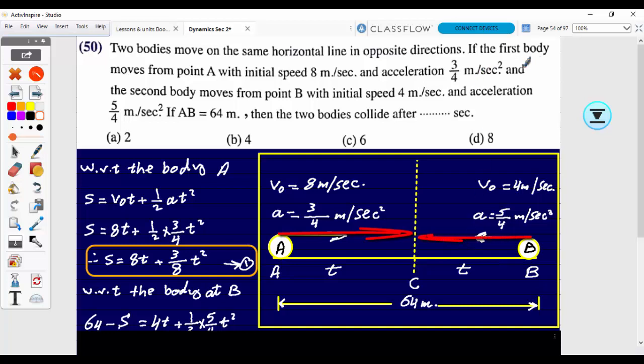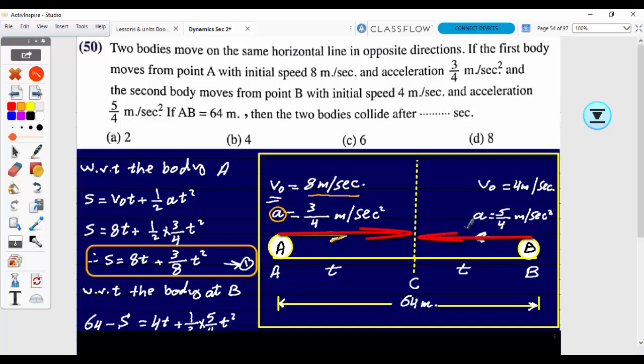If the first body, the body at A, moves from the point A with initial speed 8 meters per second, so we write v naught equals 8 meters per second. It's given. And acceleration 3 over 4 meters per second squared. Here we have a equals 3 over 4 meters per second squared in this direction.